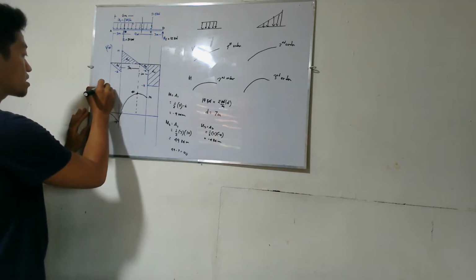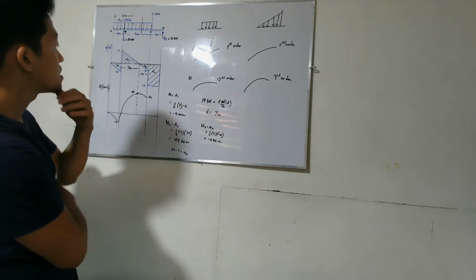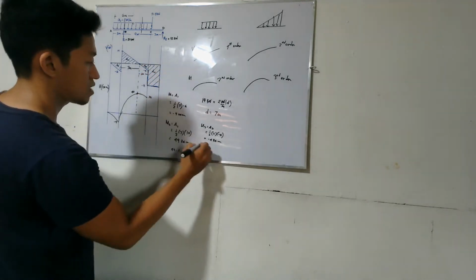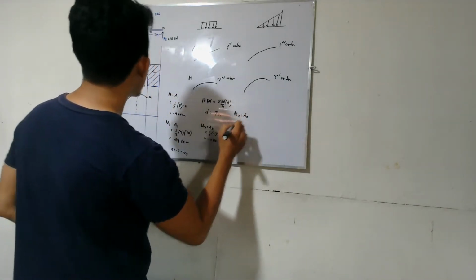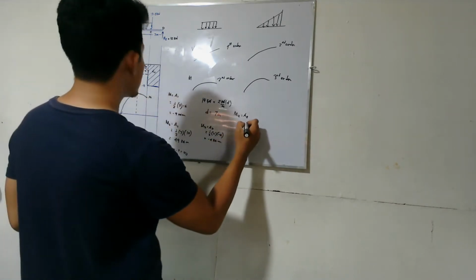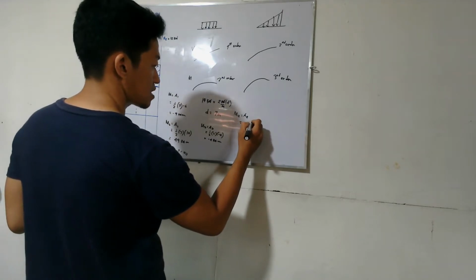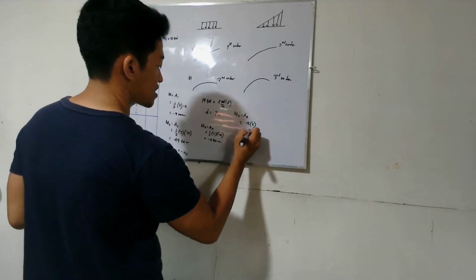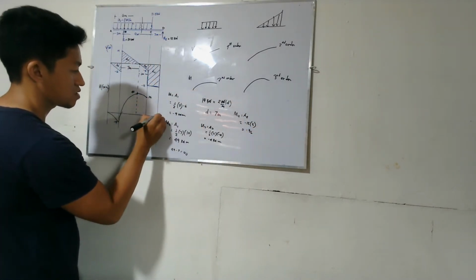Again, ang unit ani is kilonewton meter. And then, lastly, kaning A4. A4, M4 is A4. Area na niya is, again, negative gihapon na. Base height, rectangle na. Base, negative 12 times 3. Negative 36. 36 minus 36, 0.